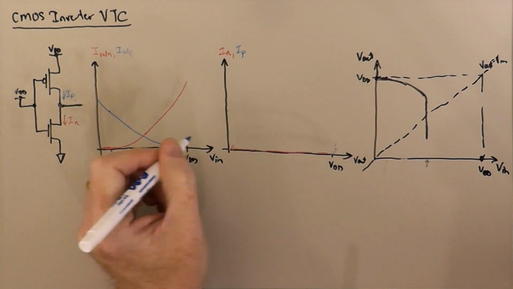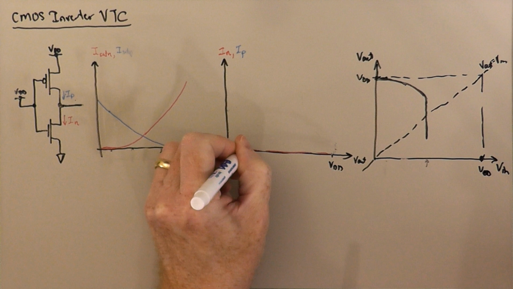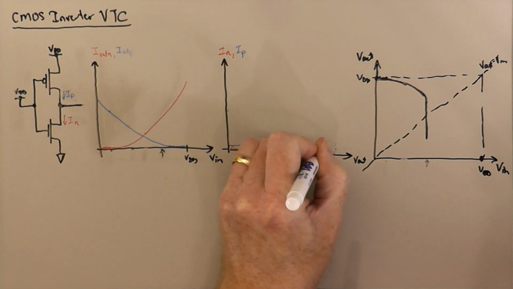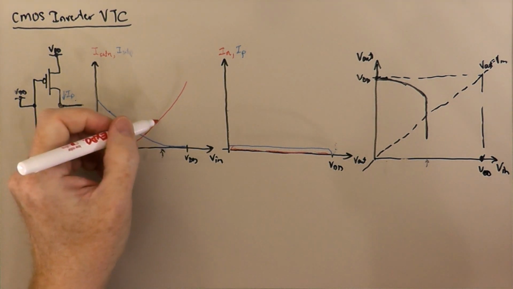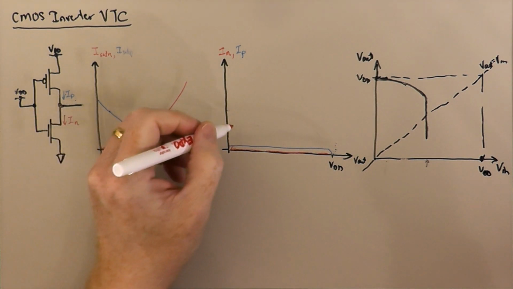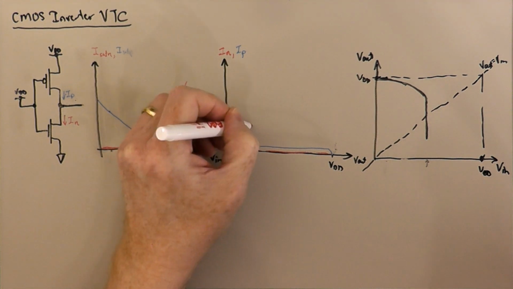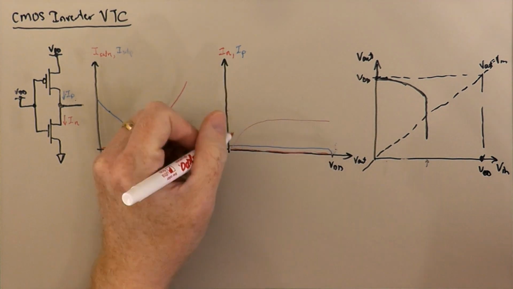Well, we're down here. Something like that for the drain characteristic of the PMOS. And now we're up here for the NMOS. And so the NMOS is maybe doing something like this.